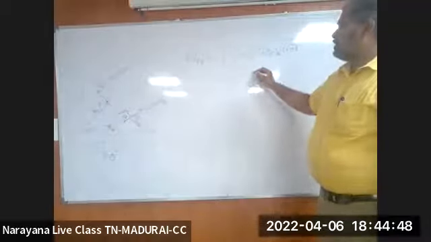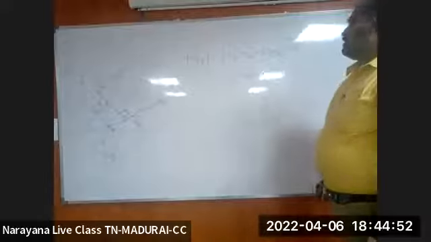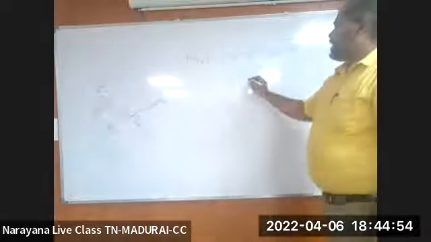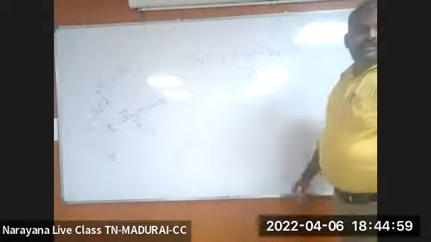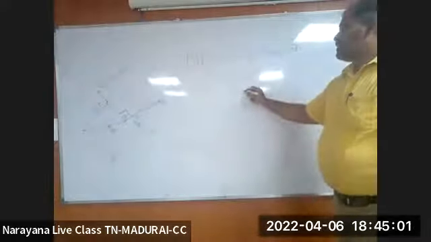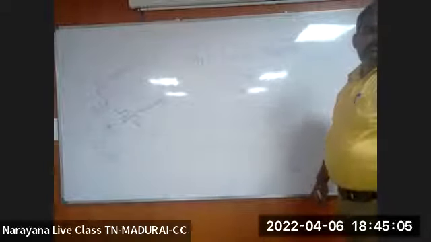Under root of 500 whole square plus 1000 whole square. I can take 100 square common, and root of 100 square means 100 comes outside.